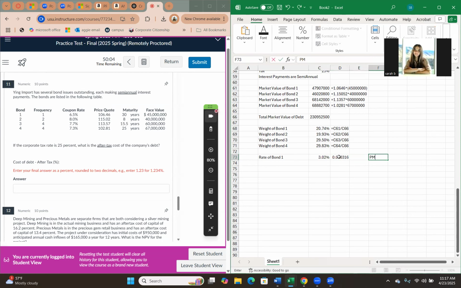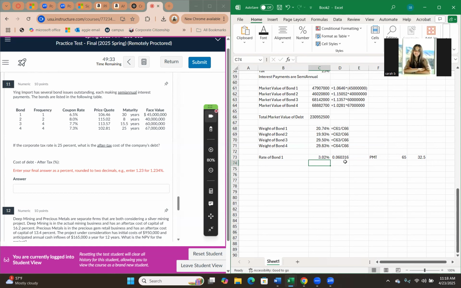So let me show you guys how I got the payment. It's just going to be 6.5% times 1,000, which is a yearly payment, and then divided by 2. And I'm getting that because of what David just said. The interest payments are semi-annual. So this is how I got the 32.5 payment that I used in this rate function.